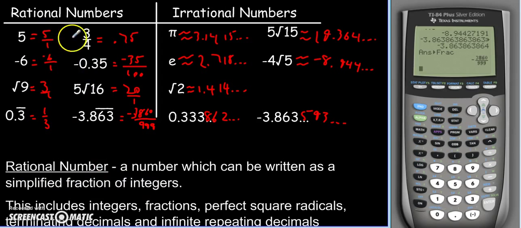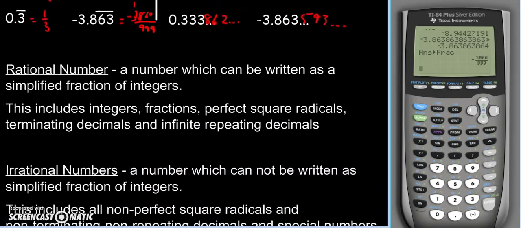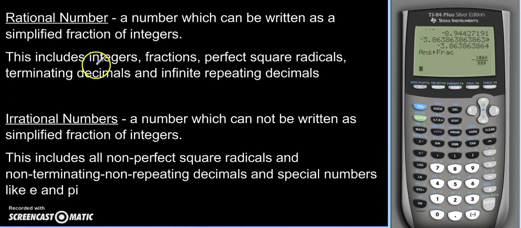So all of these are fractions of integers, meaning positive and negative numbers. That includes integers themselves, fractions, perfect square radicals because they become integers, terminating decimals, because as we saw they can all be written over some multiple of 100, and infinite repeating decimals, which we've seen how we can write as fractions.